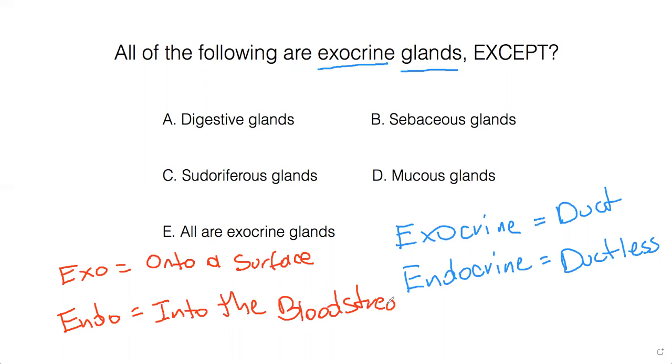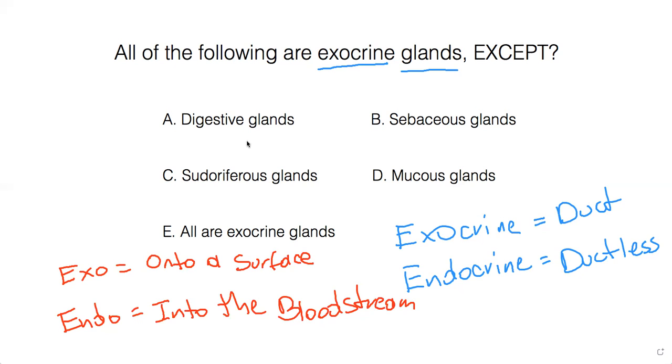Into the blood or into the bloodstream directly. Those are the key components that you need to approach something like this. Exocrine onto a surface, endocrine into the bloodstream. Now, with just that information alone, we can easily begin analyzing these questions and determining the correct answer.